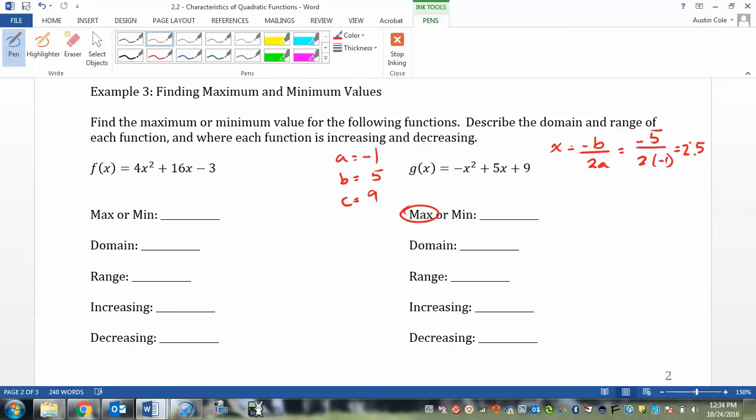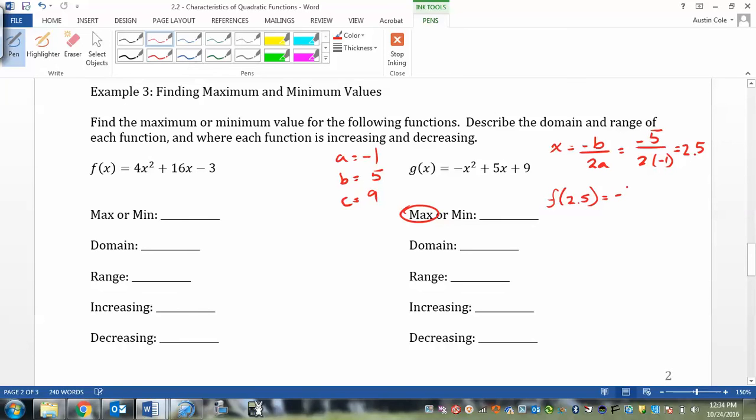That tells me where the vertex occurs as far as left and right, what x value, but now we want to know how high or how low our vertex is. So therefore, we're going to plug 2.5 into the function. So now I'm going to do f of 2.5. Now, whenever we get fractions, it could potentially get a little bit different.